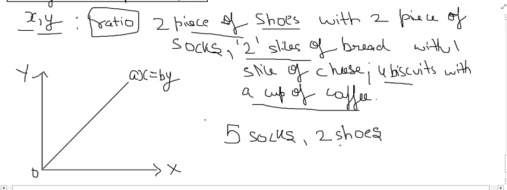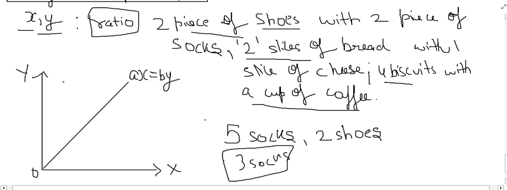Now you use 2 pieces of socks with 2 shoes, and the remaining 3 pieces of socks are of no use. Your utility is not increasing by consuming 5 socks, because you are only using 2 pieces of socks with 2 pieces of shoes. So your utility would not be increasing beyond consuming 2 shoes and 2 socks, with only socks being the excessive quantity good.